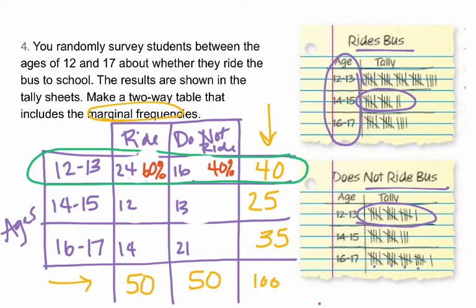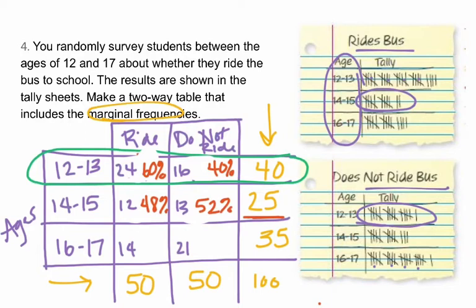So 14 to 15-year-olds, we have 12 out of, how many total in this age group? 25, right? So 12 out of 25 kids ride the bus. 12 over 25 is equivalent to 48%. Well, out of 100% total, 100 minus 48, this would be 52. Or again, if you'd rather, you can do 13 divided by 25 and you would still get 52.